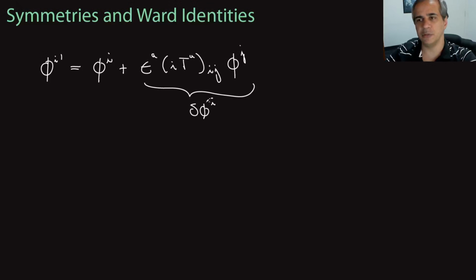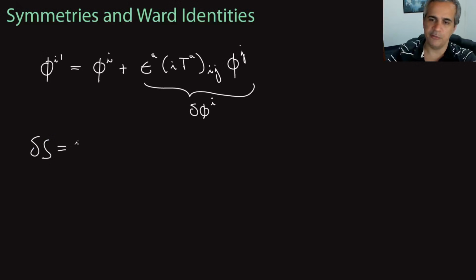Now, if I assume that this transformation is a symmetry, that means that my action will not vary, right? So the variation under this transformation will be 0.